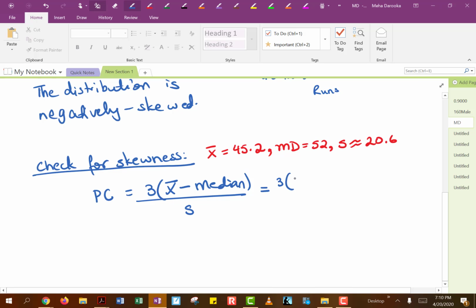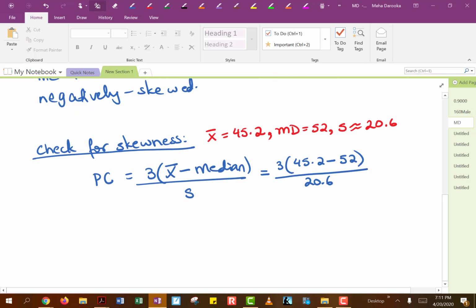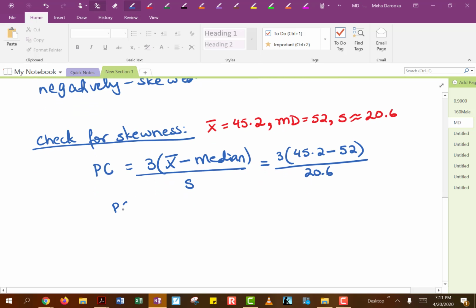So we have 3 times 45.2 minus 52, and then this whole thing divided by 20.6. When we do our calculation, you get an approximate value of negative 0.99.